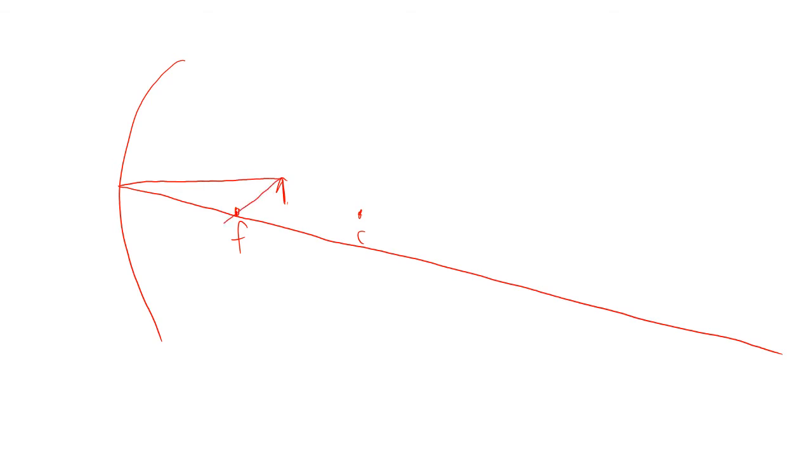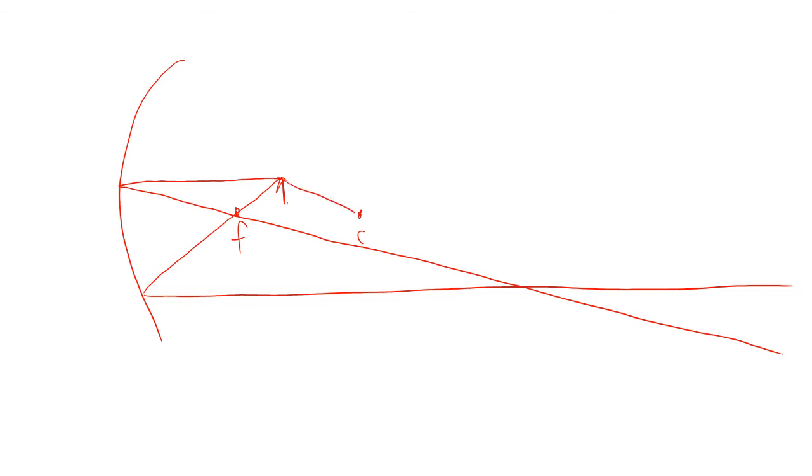Now, to draw a ray diagram, you draw a line straight towards the mirror, and it goes back straight through the focal point. Then you draw a line that goes straight through the focal point, and then it hits the mirror and goes straight out this way.